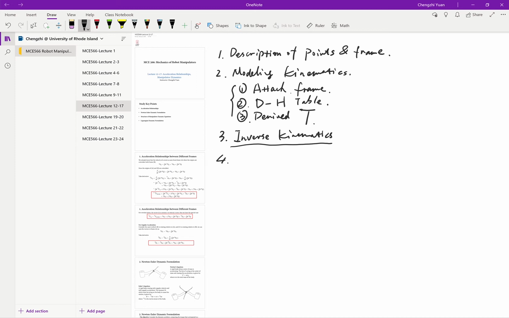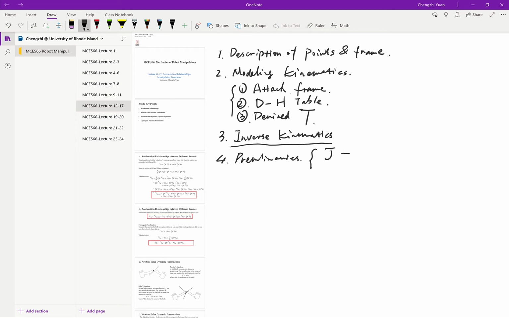But before talking about the dynamics modeling, we also talked about some preliminary results, right? That is how to establish the relationship between the joint variables velocity and the tip point's velocity. And in that part we have a concept called the Jacobian matrix, right?